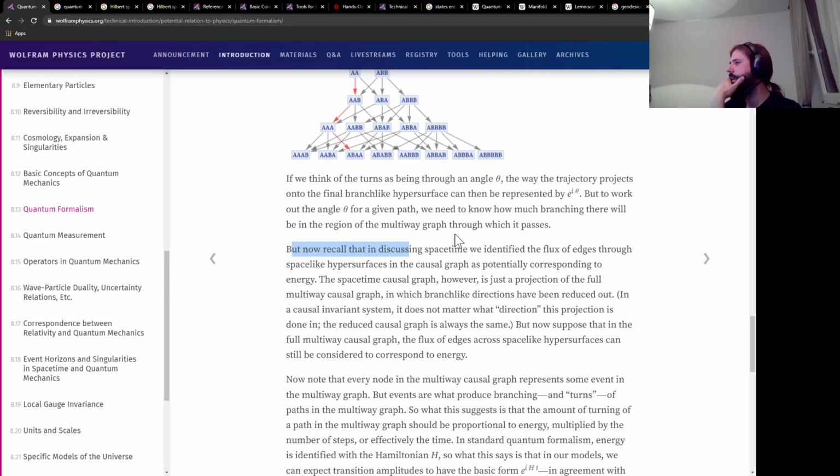I don't know. But now recall that in discussing spacetime, we identified the flux of edges through space-like surfaces in the causal graph as potentially corresponding to energy. Ooh, okay, so I might have to go look that up.